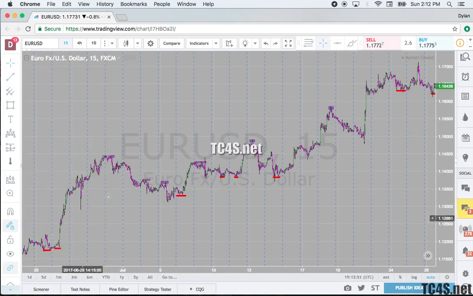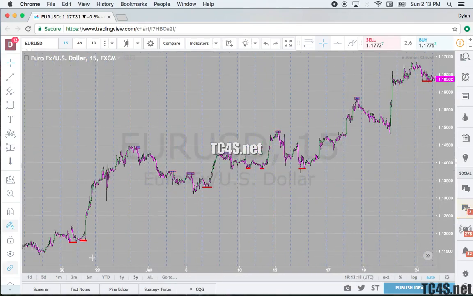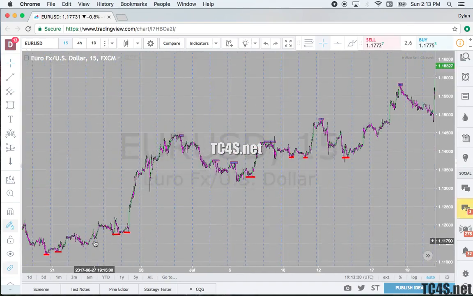Every available W going with the trend during London session, so either right before London session, or exactly at London session, or during London session. If a W occurred with the trend at that time, I have it traced in red.